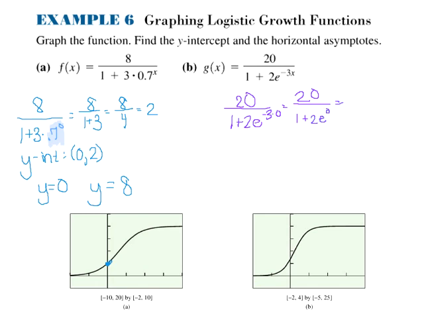What is e to the 0 power? Just a 1, right? Anything to the 0 power is 1, so 2 times 1 is your 2.